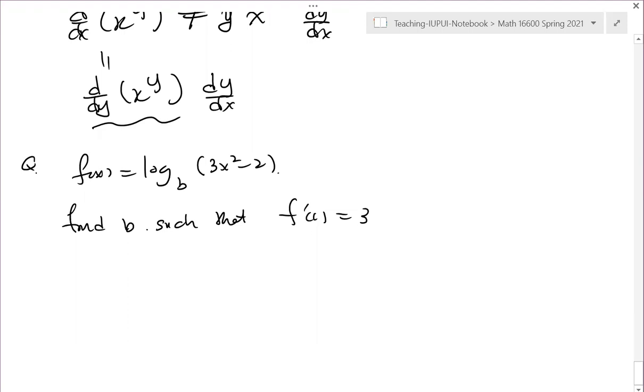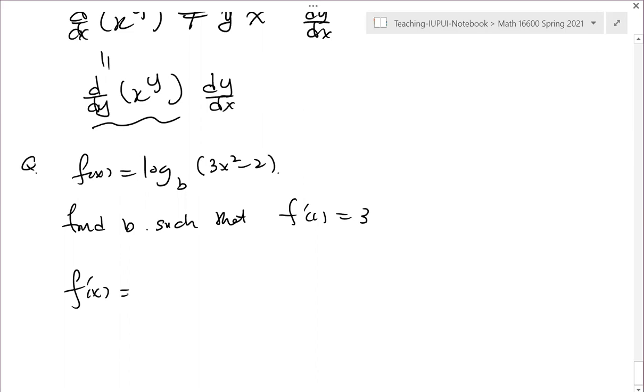I want to find the b, treated as a parameter, so that the derivative of the function evaluated at 1 is going to be 3. So what I'm going to do is find the derivative first. Then I solve the equation, okay? So find the derivative.